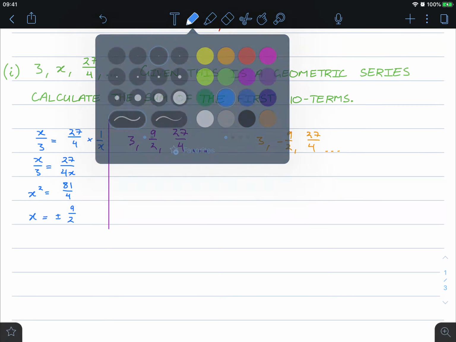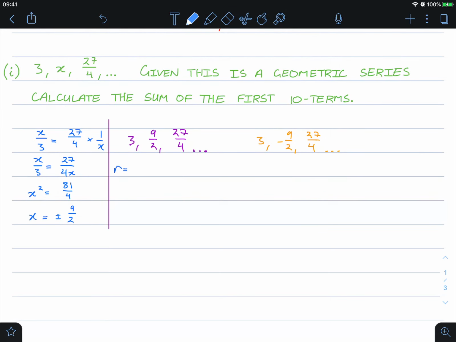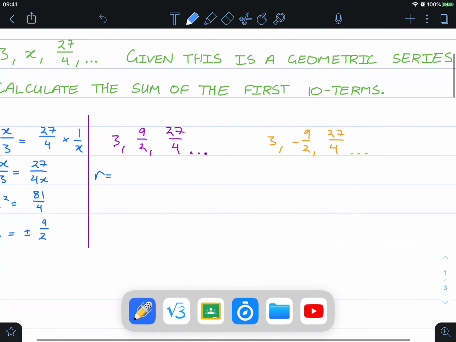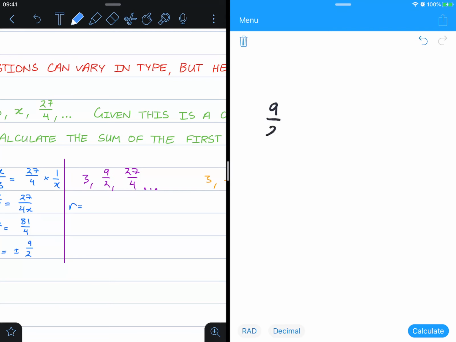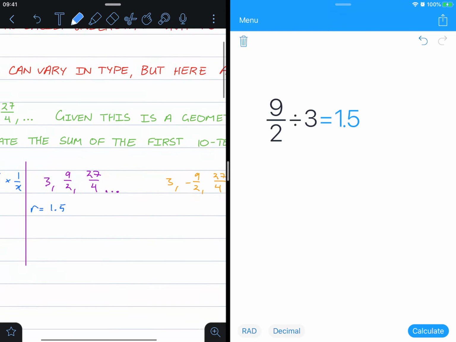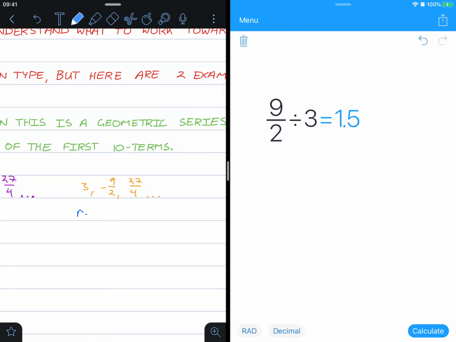So from here we can see that the common ratio for this one would become, well, 9 over 2 divided by 3. We get 1.5. So we could have a ratio of 1.5. Or for this one, if you do negative 9 over 2 divided by 3, we get negative 1.5.